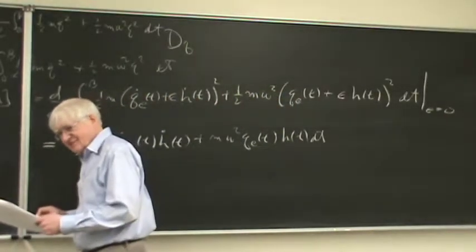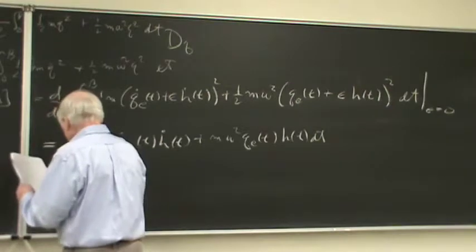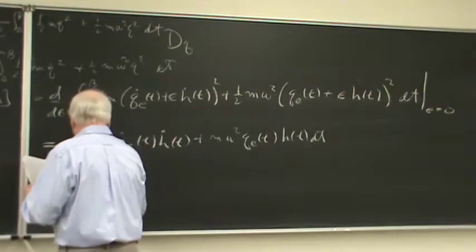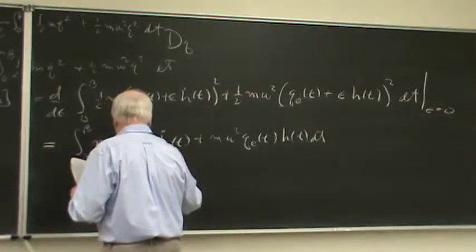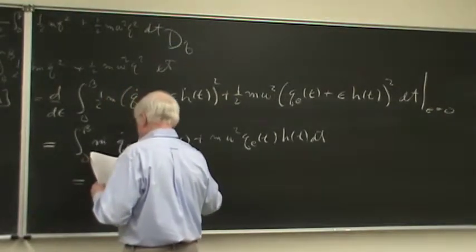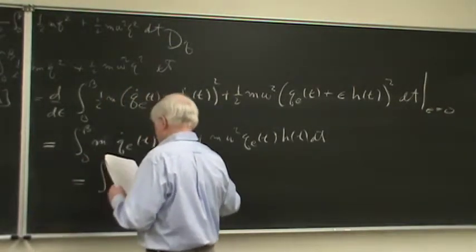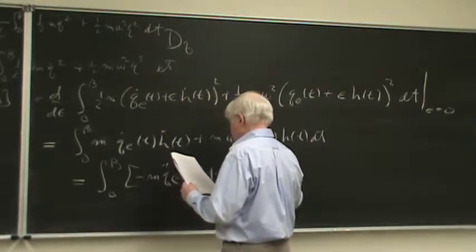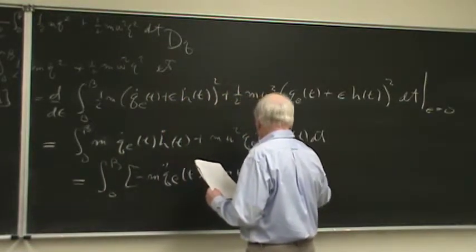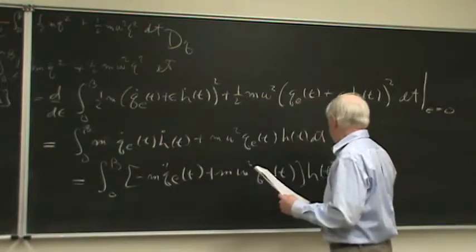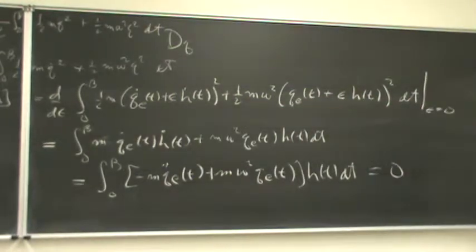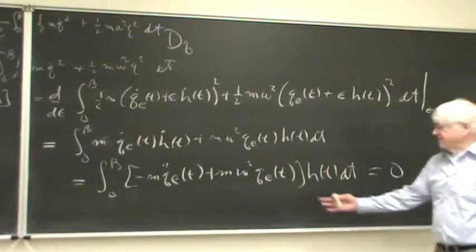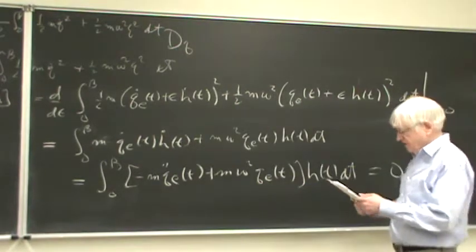All right? I see a frown. All right, so we integrate by parts, and we get the integral from 0 to beta of minus m q Euclidean double dot of t plus m omega squared q Euclidean of t, times h of t dt, and we're setting this equal to 0, and that tells us what the differential equation for q Euclidean is.